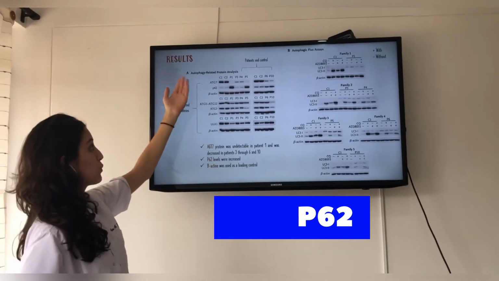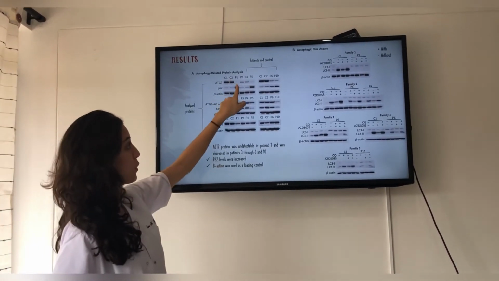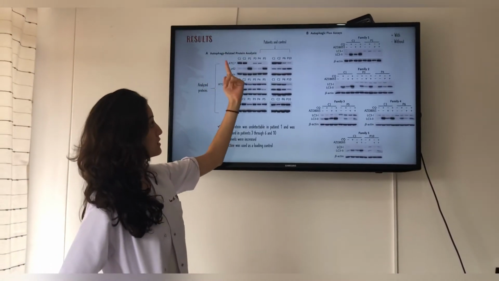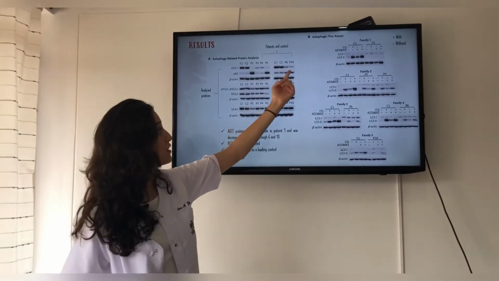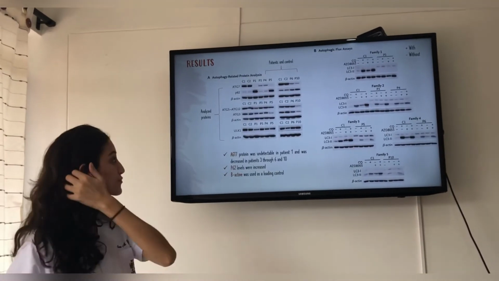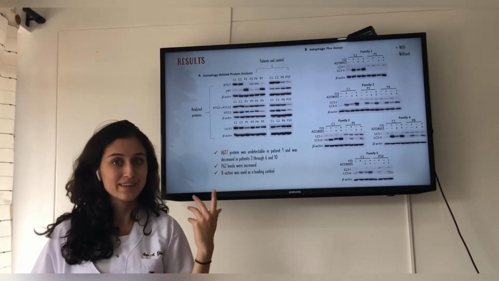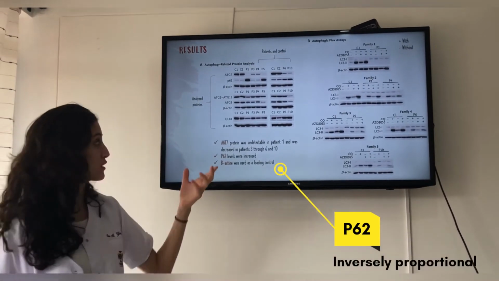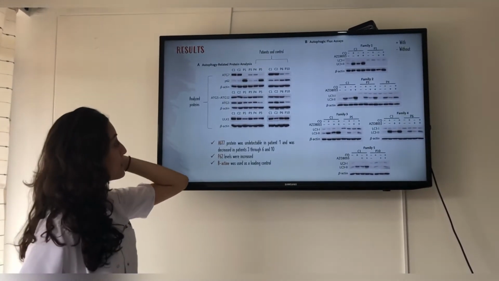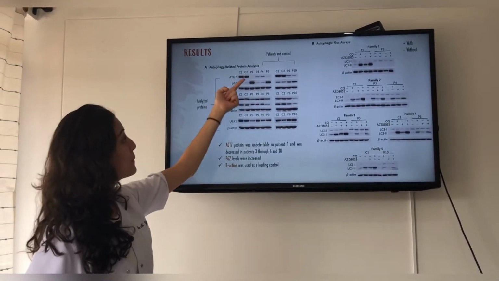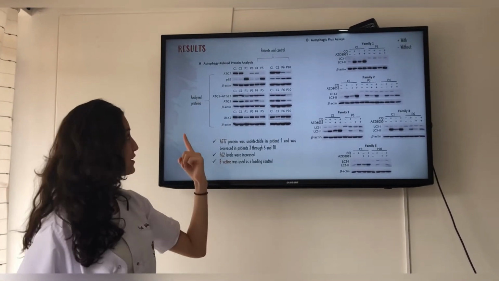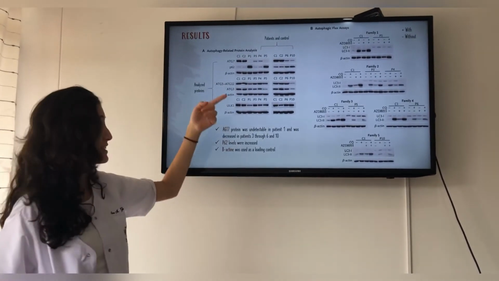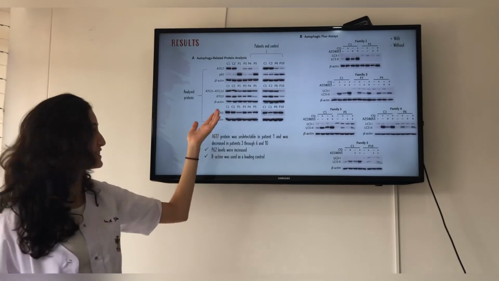In ATG7, we can see that in patient 1 it is not present, but from patients P3 to P10, it is reduced. And it is interesting to notice that P62 is inversely proportional to ATG7, because we can see that, for example, in patient 1, there is more P62. So the less ATG7, the more P62.